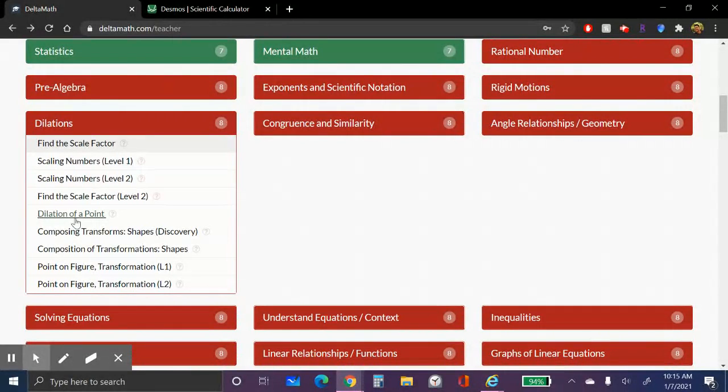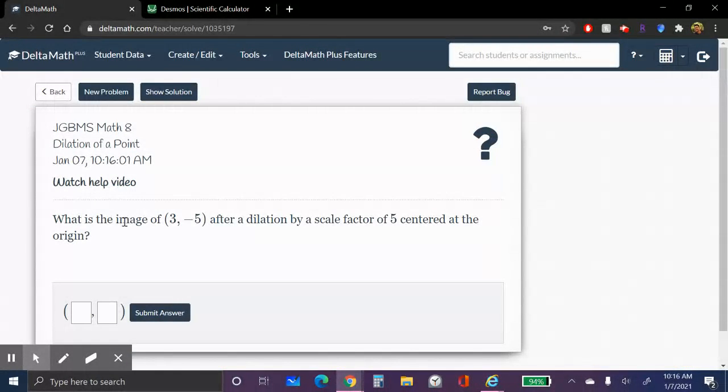Now let's take a look at dilating points and see what you do with that. So we have the image (3, -5) after it's dilated by a scale factor of 5. When you know the scale factor, what you have to do is take this 5 and multiply it by each of the parts of the coordinates.